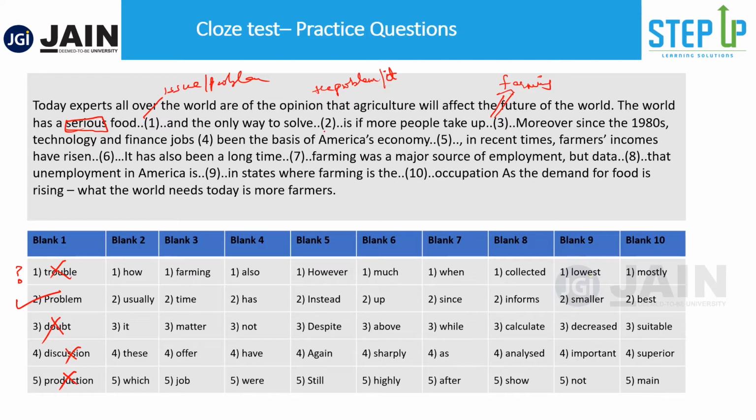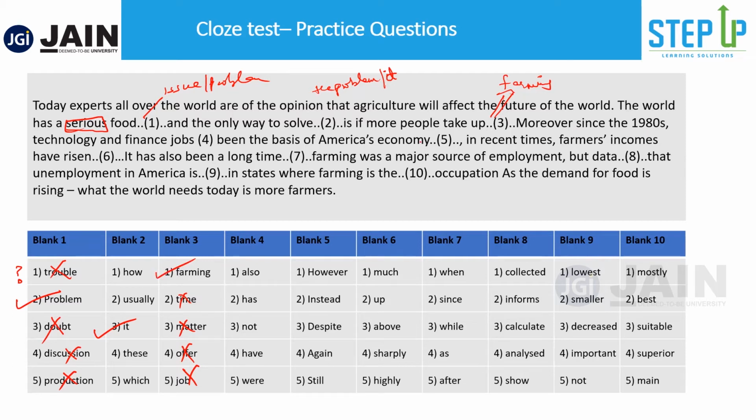And the only way to solve dash, solve how is, solve usually is it, these, which. So obviously this is easy. The only way to solve it is if more people take up time. Take up time for what? Take up matter in their own hands or something would have been still fine, right? But here it doesn't. Take up offer, job, no. Take up what job? Take up farming.